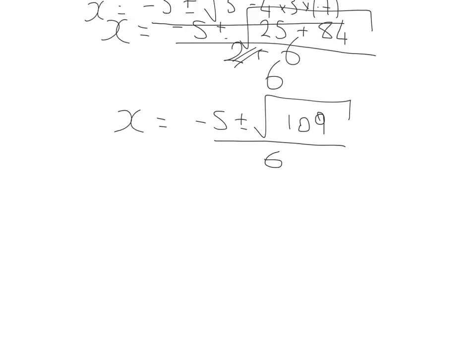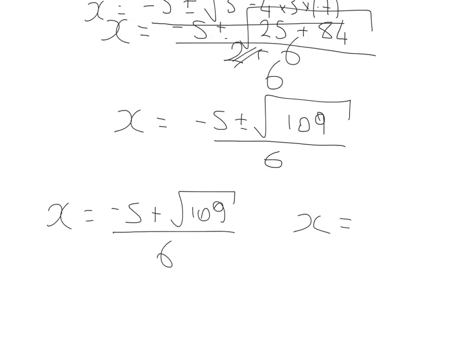So it's plus or minus, so I'm going to just split this up into x equals minus 5 plus the square root of 109 over 6 on this side, and on this side x equals minus 5 minus the square root of 109 over 6. So at this point we can go to the calculator. We're looking for answers correct to 1 decimal place.